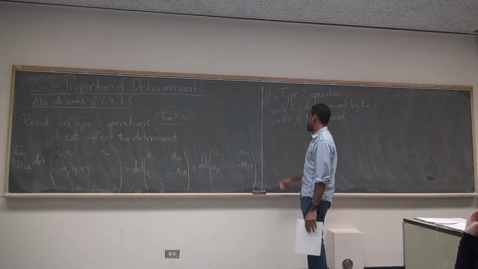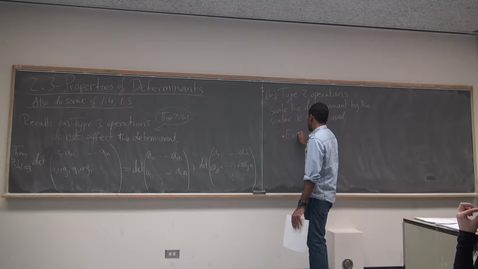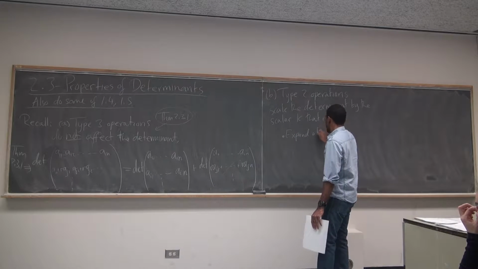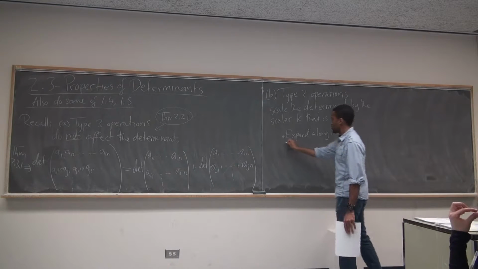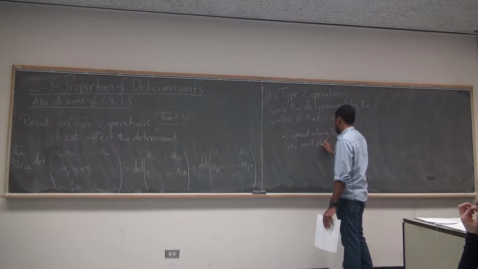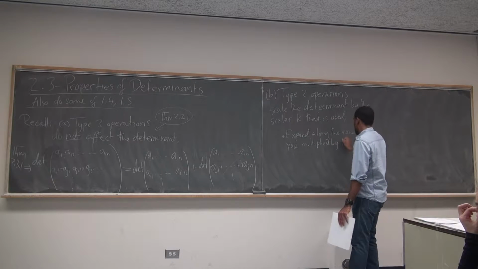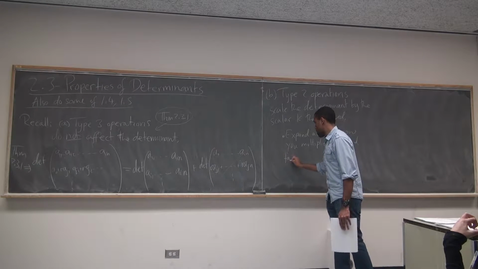And to see that, you just expand along the row. When you do that, you can factor the common k out.